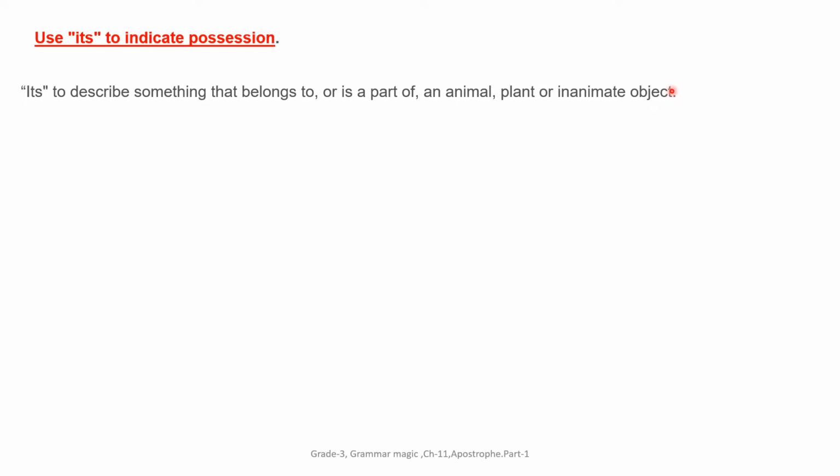So children, we use its when we want to describe something which belongs to some part of an animal, plant or any inanimate object, meaning any neuter gender or non-living thing.